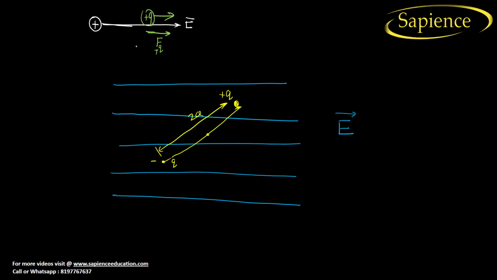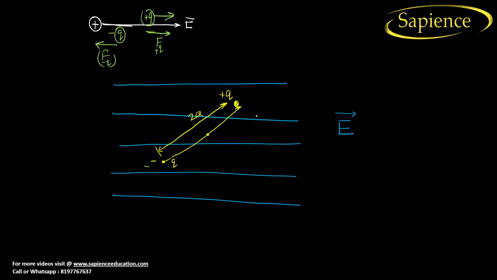Now if I put a negative charge here, what will be the impact? A negative charge means there will be an attraction, so the force due to charge minus Q will be in this direction. So for the negative charge, the force acts against the electric field. I hope you have understood.